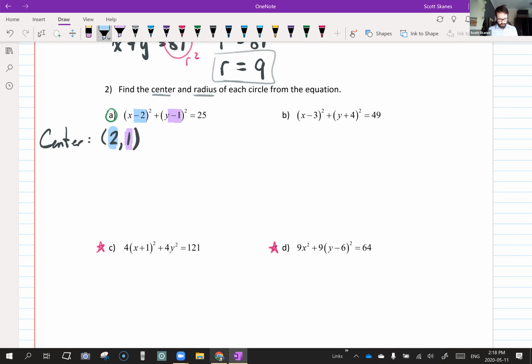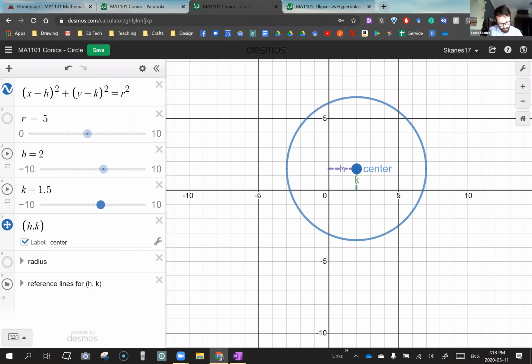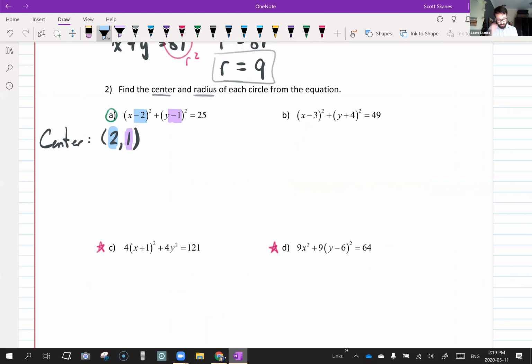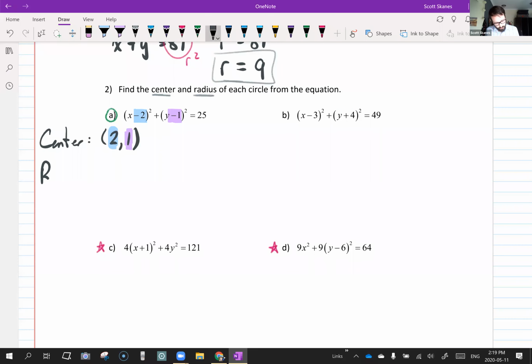I'm just going to jump to decimals for a second. That's the same thing as if the center was 2 and 1. So you can see it's moved over by 2, and up by 1, but the same shape. The radius in this case is going to be slightly different. The radius, oh, it's exactly this actually, it's 5. So you can see that r squared is 25.